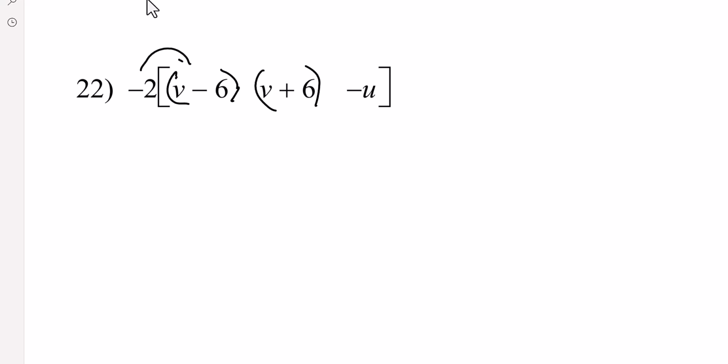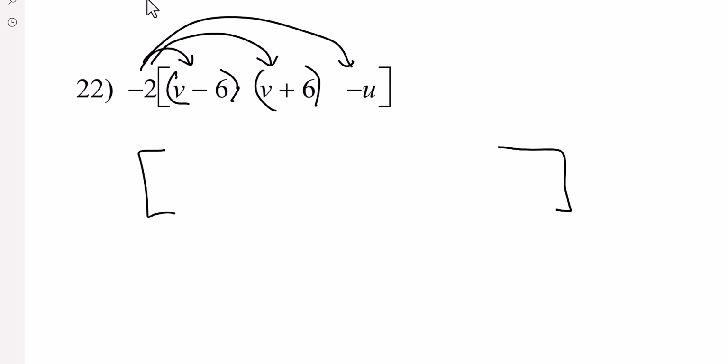So it's negative 2 times that expression, negative 2 times that expression. So you're actually going to have this is 1 row by 3 columns. This will be 1 row by 3 columns. And the final answer will be 1 row by 3 columns.